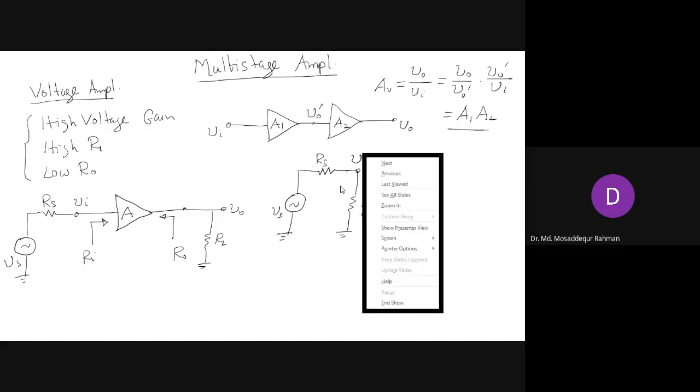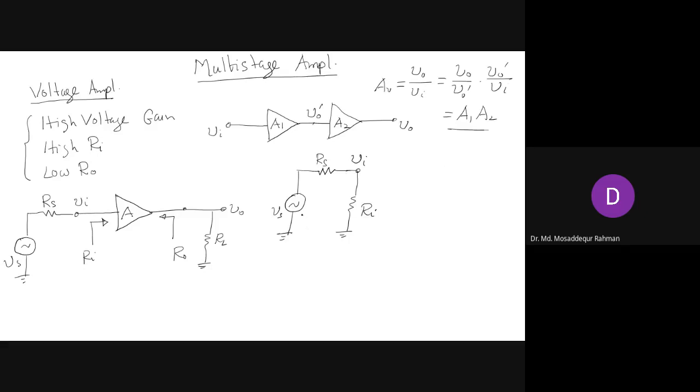That's not the actual amplifier circuit, but it is the equivalent circuit for the amplifier at the input side. Similarly, we can draw the equivalent circuit for the amplifier at the output side. At the output side, the amplifier gives out a voltage that depends on the input voltage, and that voltage will be the gain times the input voltage Vi.